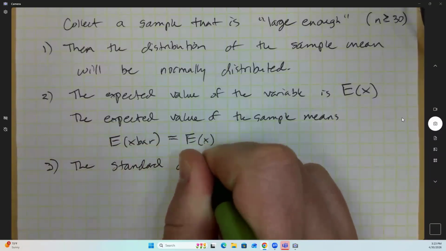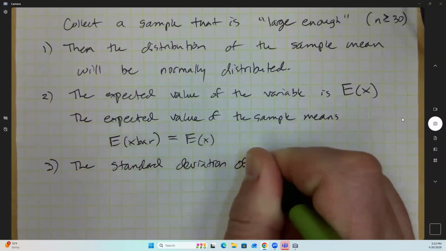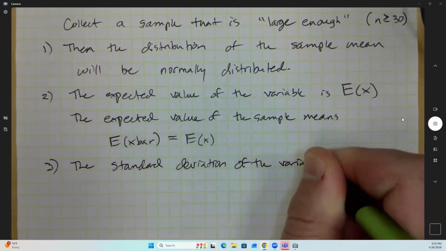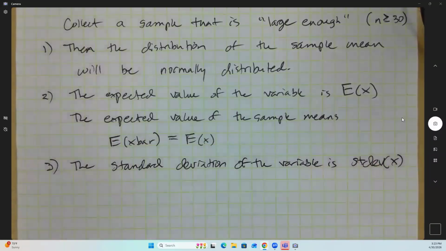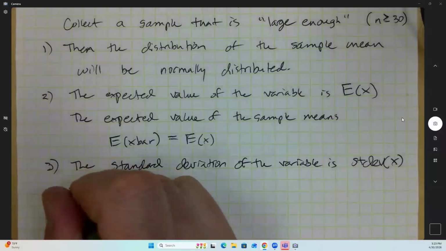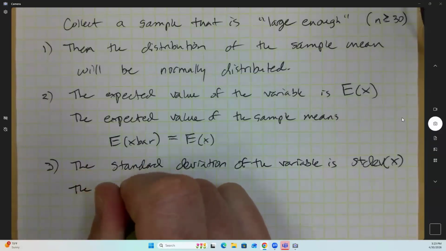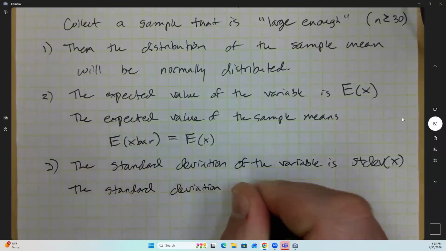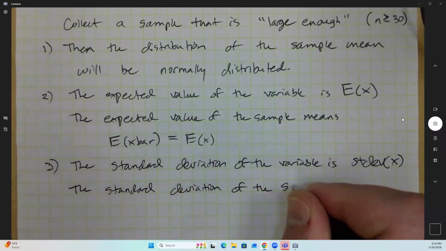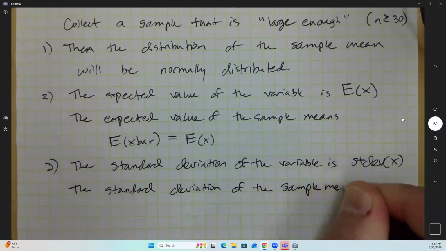The standard deviation of the variable is SD of x, often written as the letter S. The standard deviation of the sample means, because those are going to spread out, right?